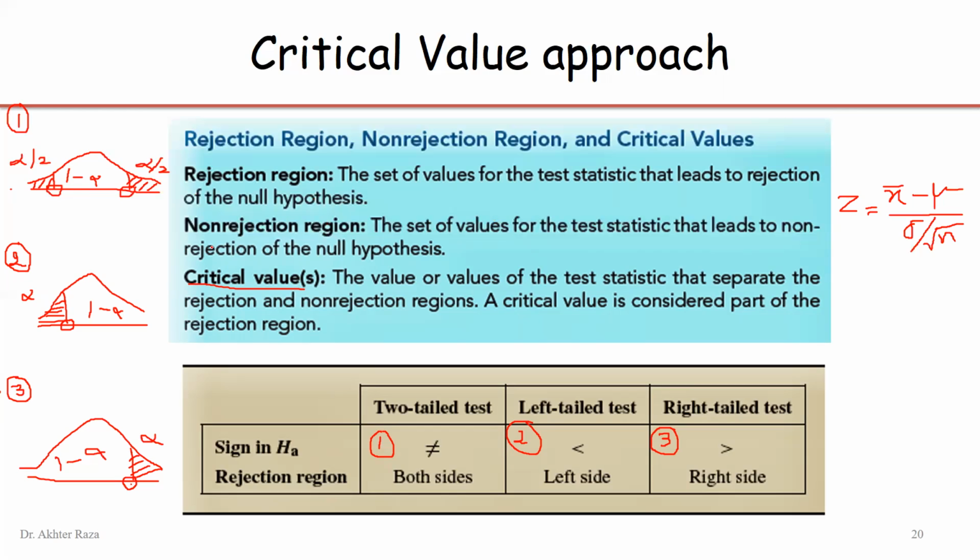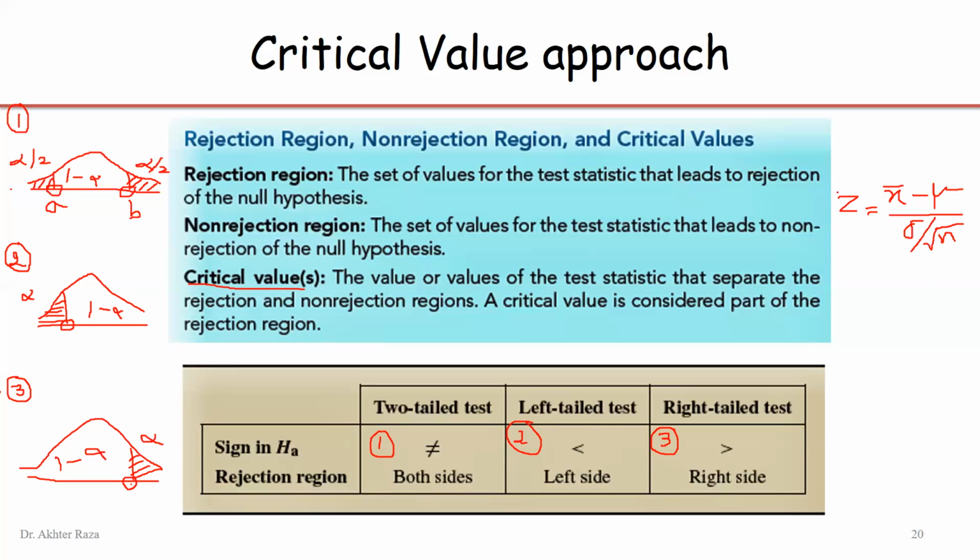I'm assuming this is point B and this is point A. If the value of the Z statistic is in between A and B, the data provides sufficient evidence in favor of H naught.